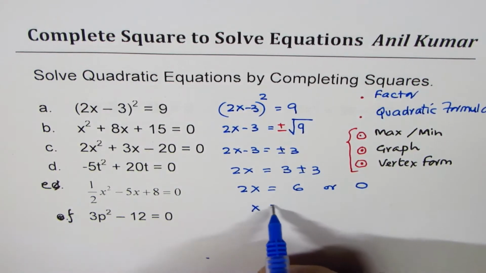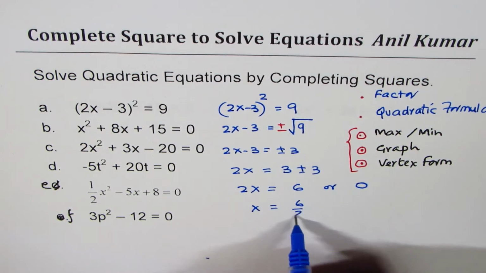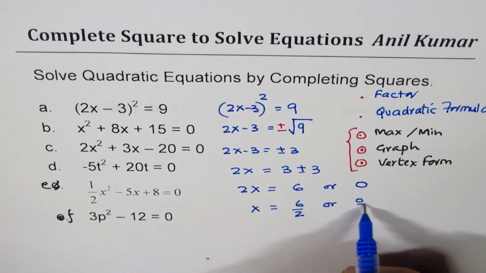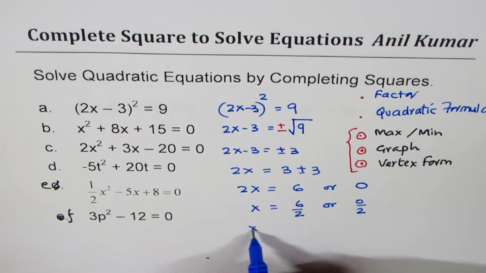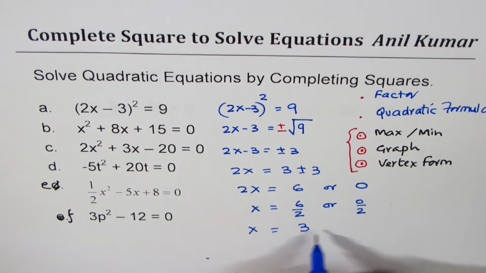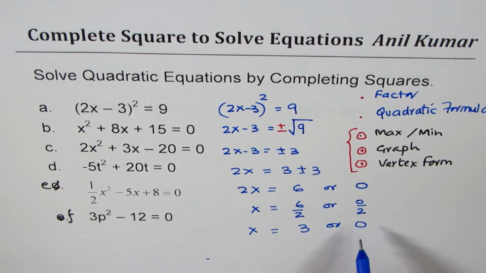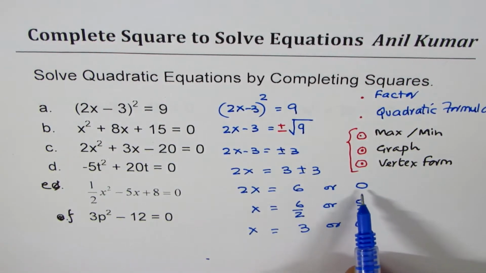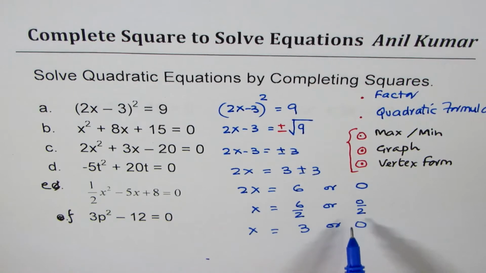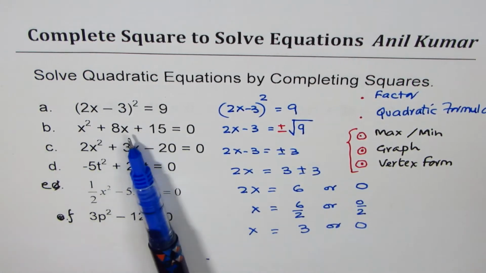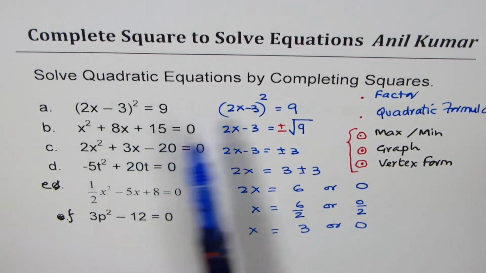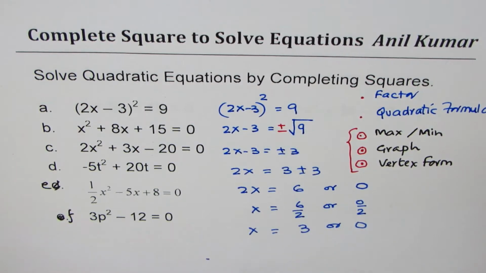So x will be equal to 6/2 or 0/2, and we get x = 3 or 0. 0 is a valid answer, and therefore you should not ignore it, right? It is a valid answer. Perfect. So that is how, after completing the square, we solve the equation as shown here.